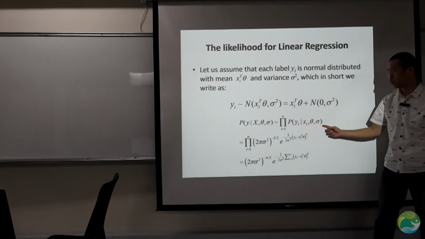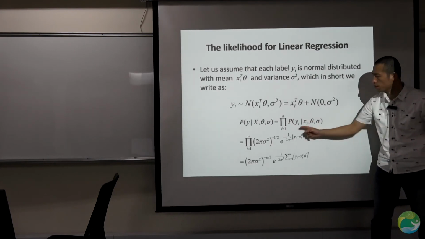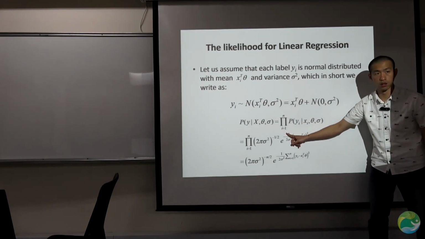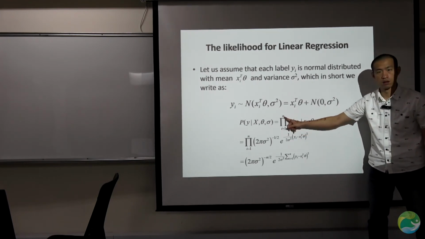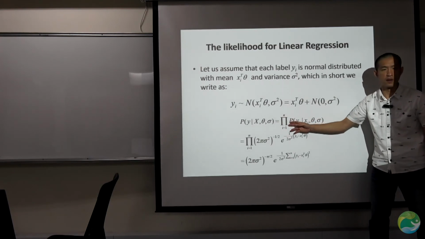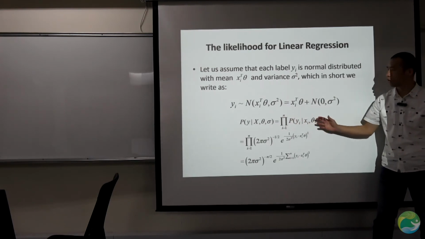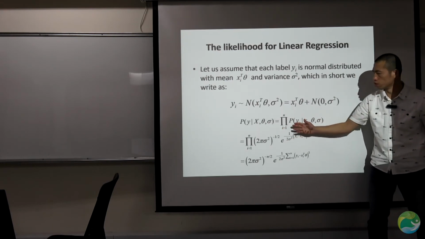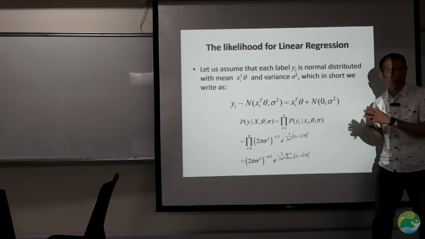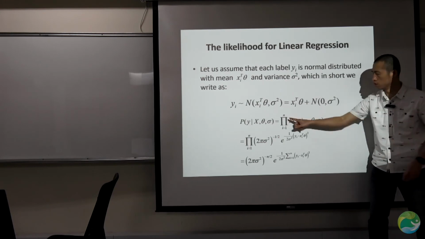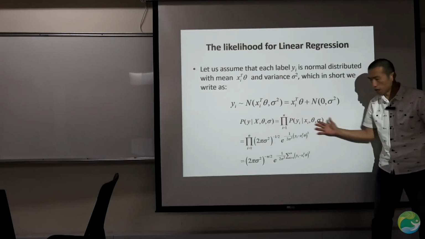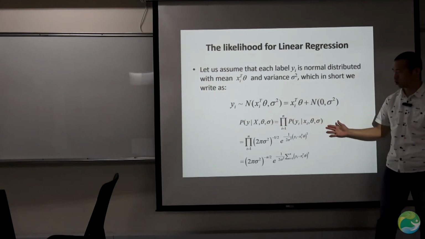We have multiple observations from i equal to 1 until n. Because they are all independent observations, when we want the total likelihood, we multiply all of the likelihood values together. So we put this sign. This sign means multiply together. Okay?